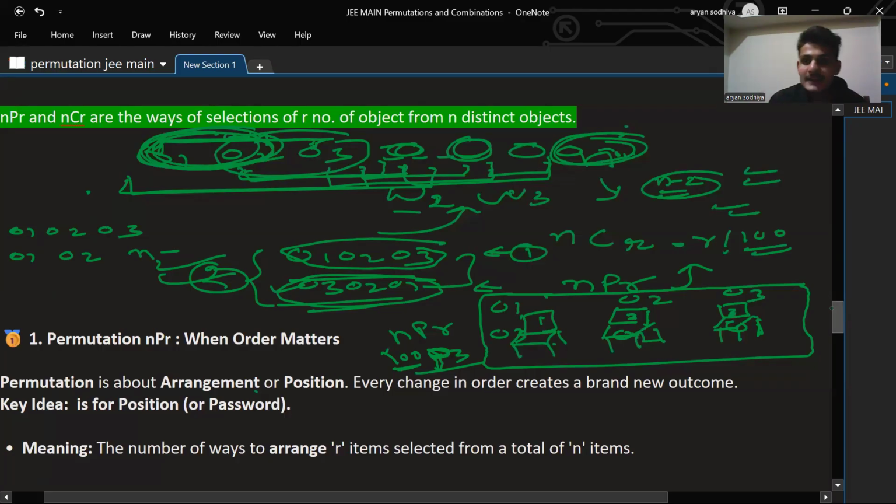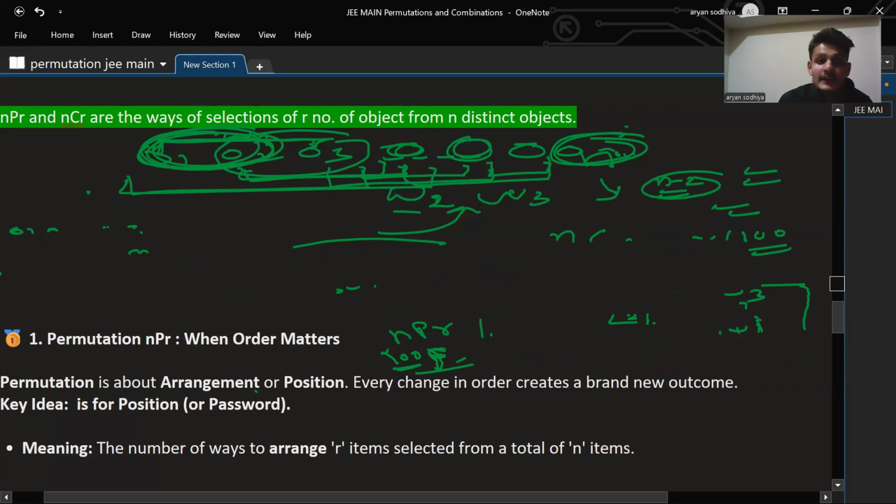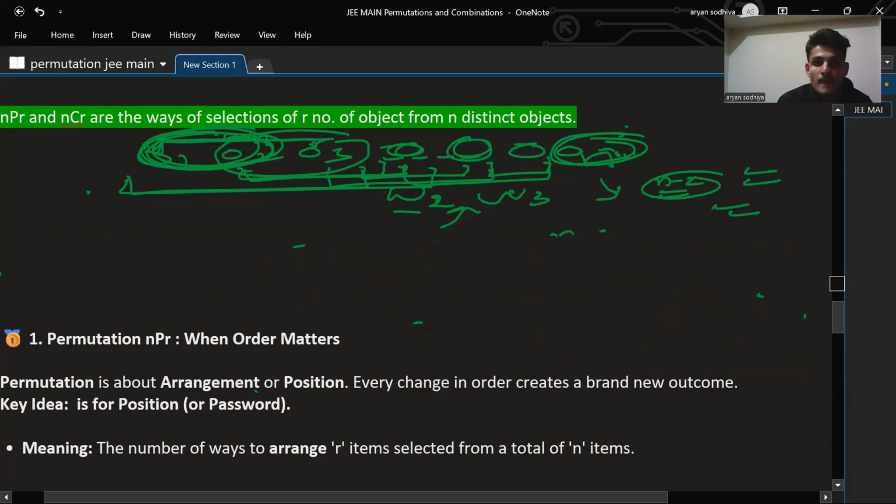So 3 chairs are there, one, two, three, like ranks. Let's imagine 100 students are there. Let's take a real world example. There are 100 students in a class, and you need to find in how many ways, after 1 year, first, second, and third rank can be placed.